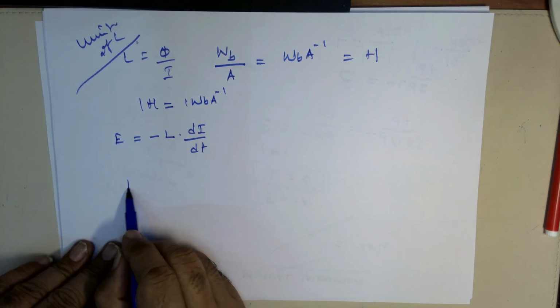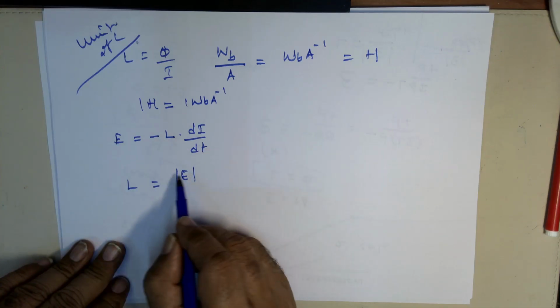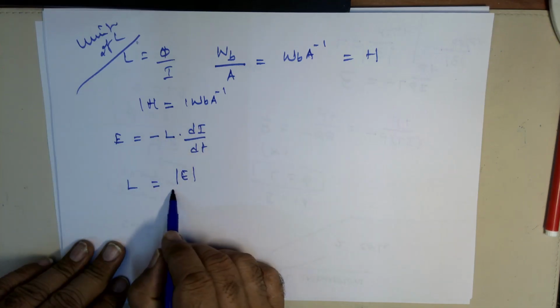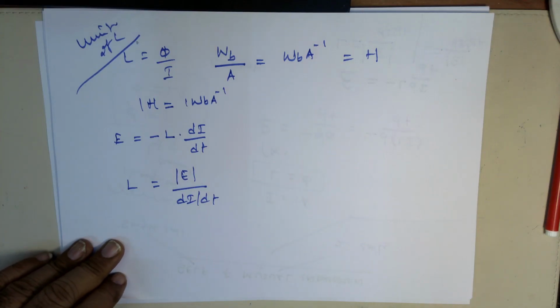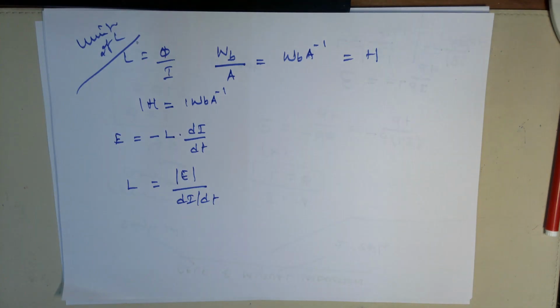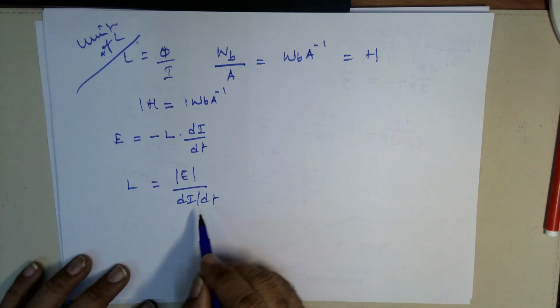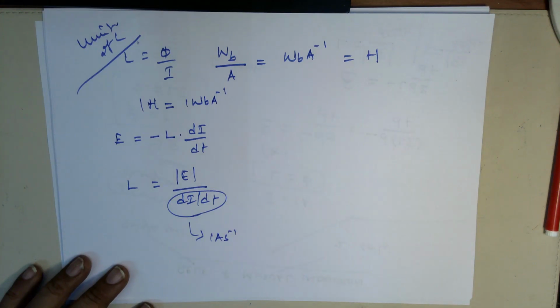So based on this, L is equal to the E modulus, because the modulus removes the minus, so take the positive value, divided by di by dt. And di by dt is 1 ampere per second.